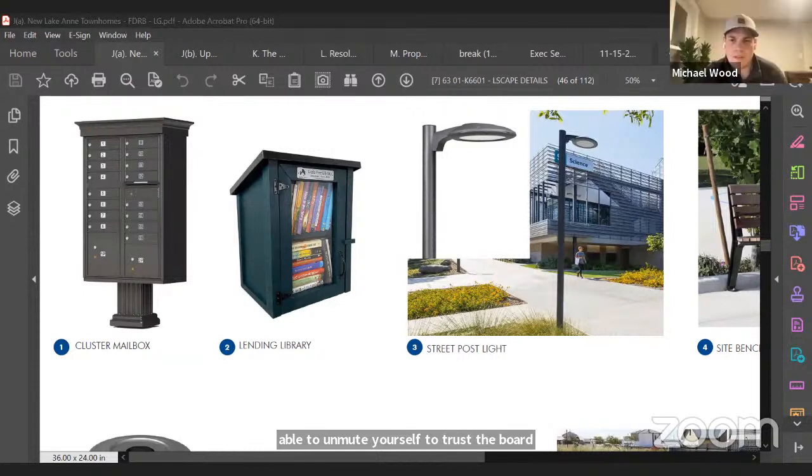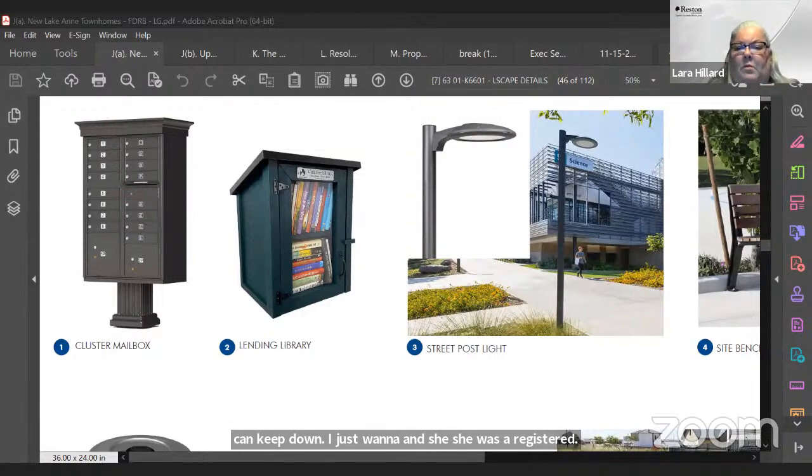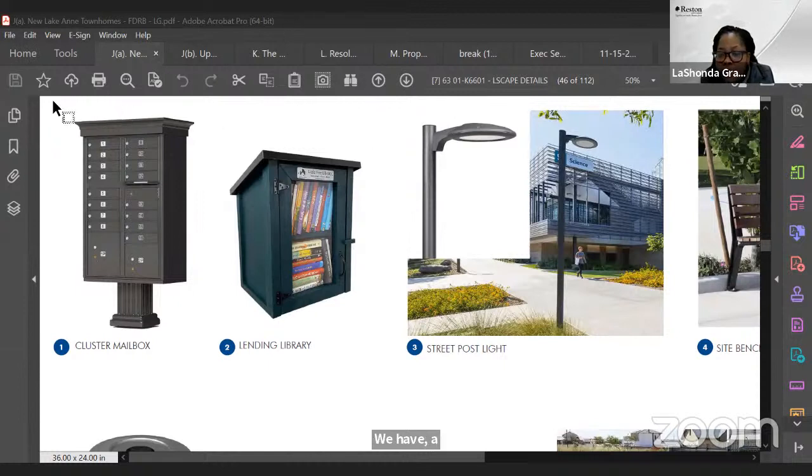Don't hear from her. We can keep going. I know she was registered. Was she a registered affected party? Yes. Do we have a statement from her? Not an updated statement. Nothing that you haven't seen before.